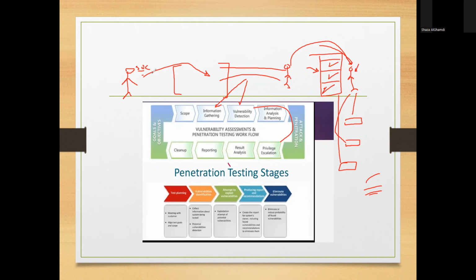So we talked about this from the SOC perspective and from the attacker perspective. It was very important, and we have already covered information gathering, and we mentioned that information gathering is divided into two operations. One is called passive, and one is called active. Passive is when you are collecting data from online sources without interacting with the victim or the target.